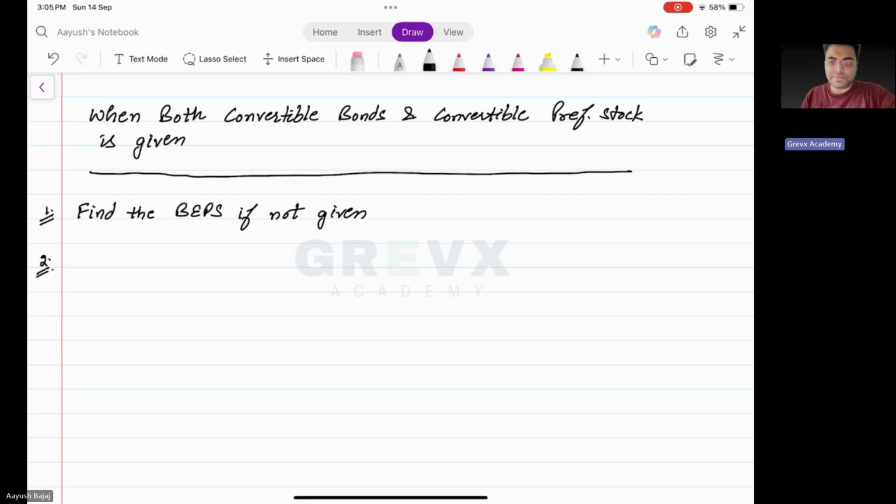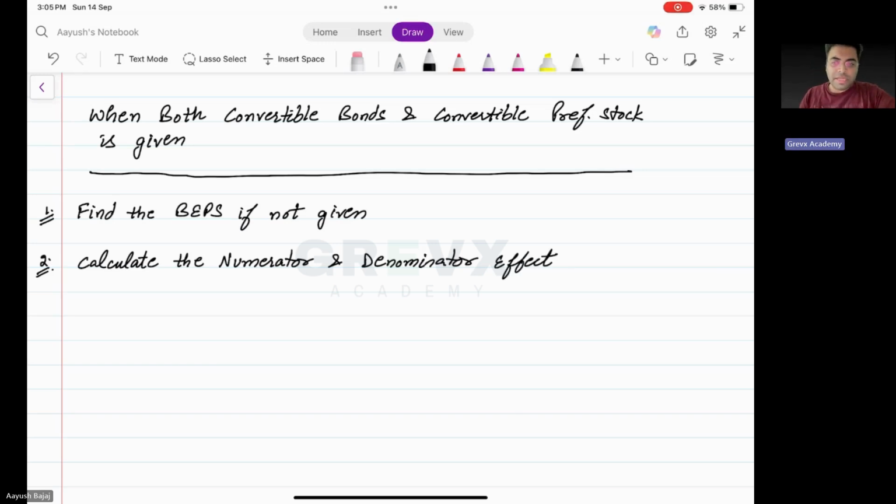Second step, calculate the numerator and denominator effect.